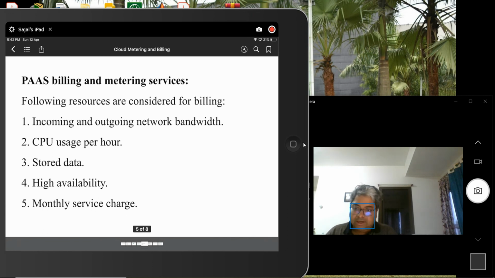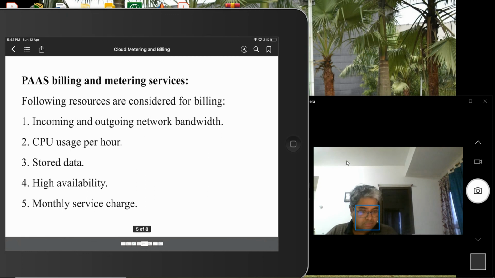For creating those apps, the required platforms will be provided. It may include the IDE, integrated development environment, or the required API or version control platform services. So all those services it will provide.